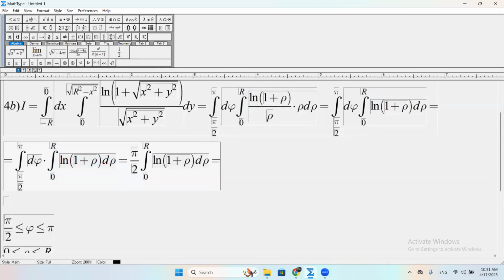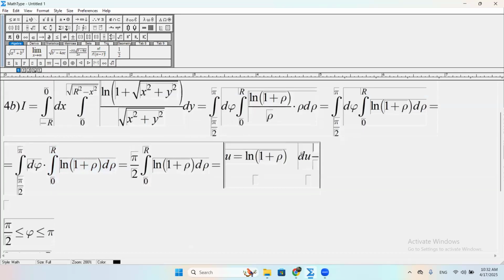And now let's remember the integration by parts formula. So u equals logarithm of 1 plus rho, du equals d rho divided by 1 plus rho.